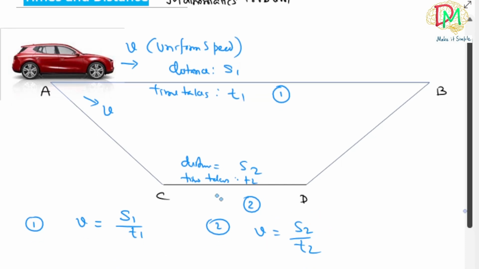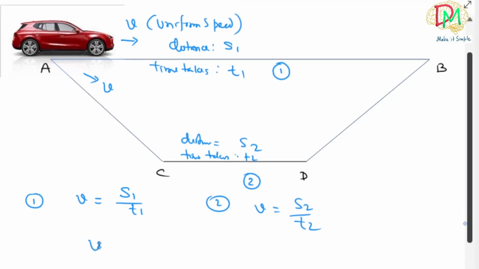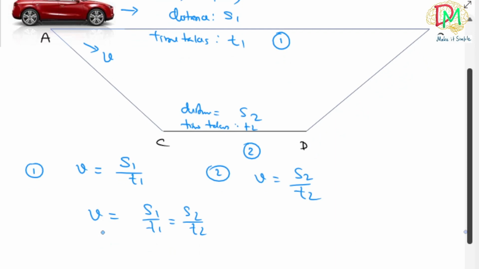Here the path S2 is more than S1, that is the reason T2 also takes more. So we can say that V is equal to S1 by T1 is equal to S2 by T2. Since V is constant, S by T is equal to a constant.